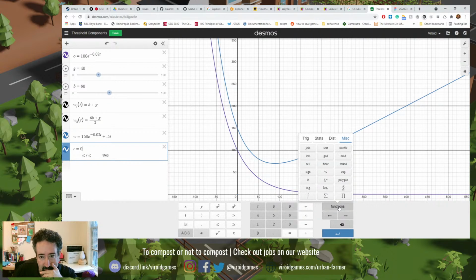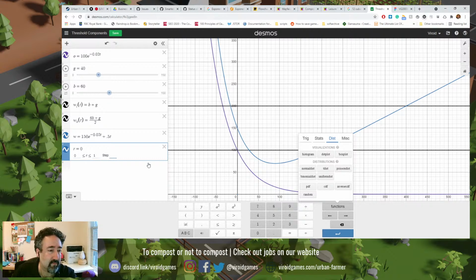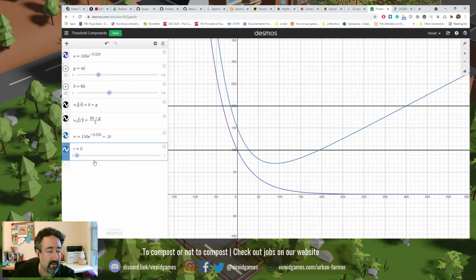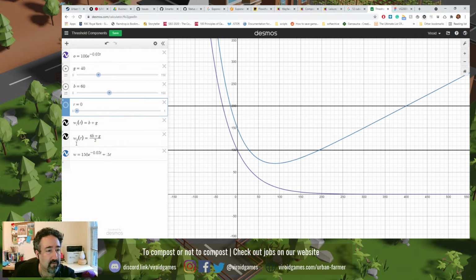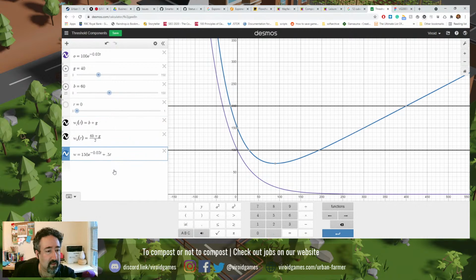Well, maybe someone smarter than me knows, but I'll just say R can only be either 0 or 1. Step is going to be 1, because otherwise it does that.